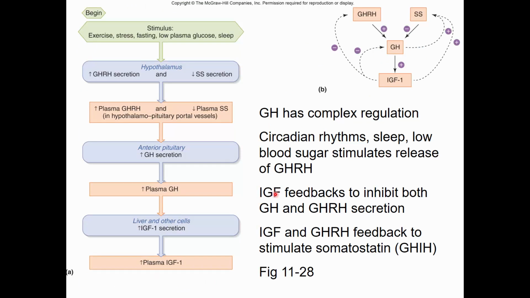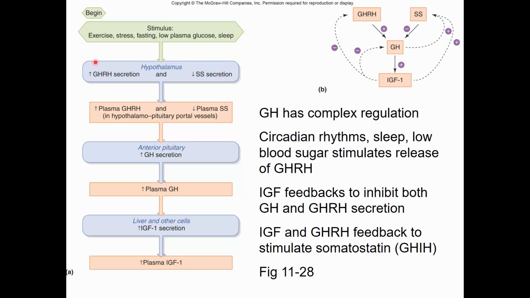So if we use growth hormone for an example, we have some stimulus. Growth hormone is stimulated by exercise. It's stimulated by short-term stress, by fasting, low plasma glucose. It has a circadian rhythm where it's released more at night when we're sleeping. So the hypothalamus produces a couple of hormones, growth hormone releasing hormone and somatostatin, which some people also call growth hormone inhibiting hormone.